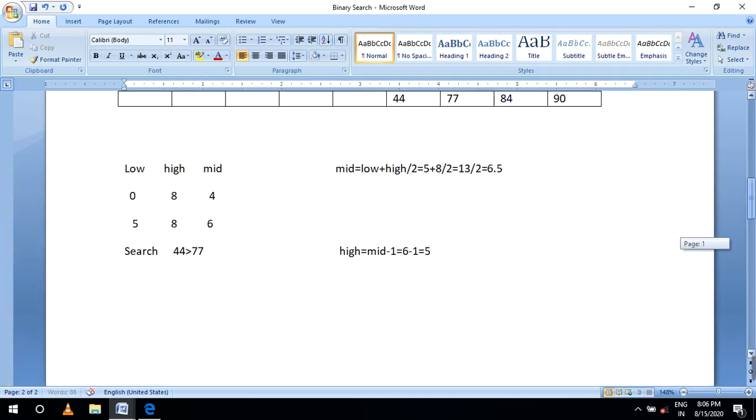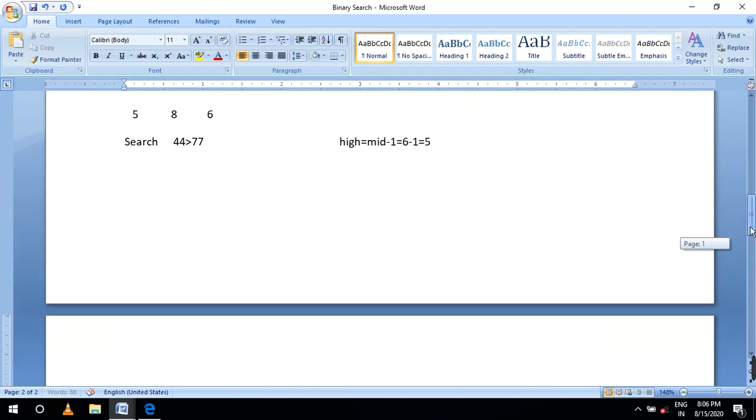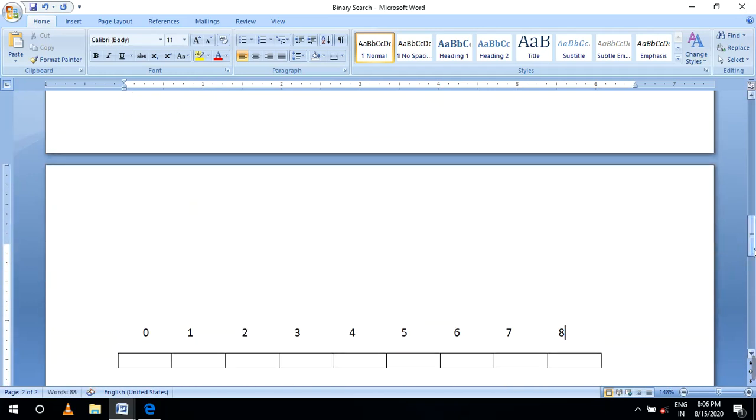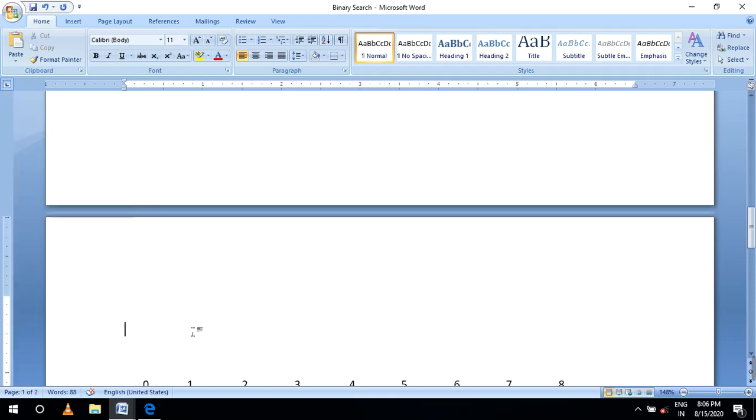Now, for all the variables we declared, in the first level I am using low, high, and middle. In the first level, low is 0, high is 8, and middle is 4.